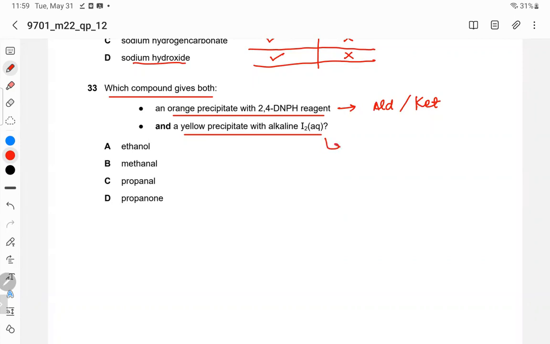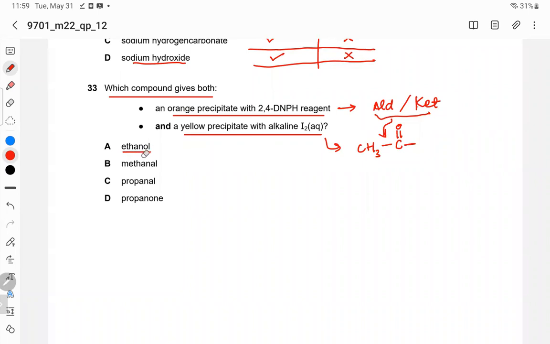So if it's an aldehyde or ketone, then it must have a carbonyl carbon adjacent to the terminal carbon in this case. Yes, in case of aldehyde, only ethanal. So here we have an ethanal.